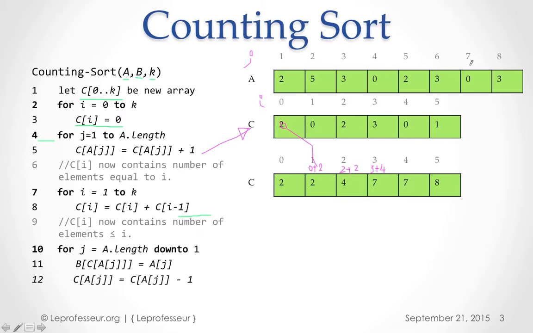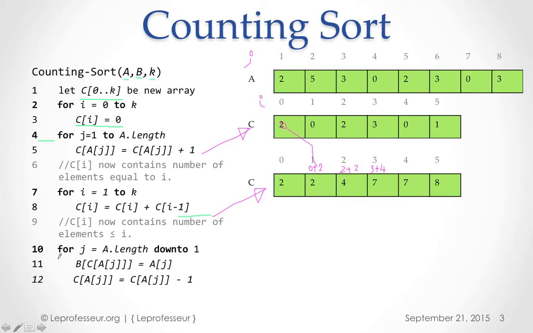Then position number 7 we have 0, we count it, 6. And position number 8 we have 3, we count it, 7. So we got 7 here. Good. So C will have now more information. Now we are here after executing step number 8. Our C looks like this.